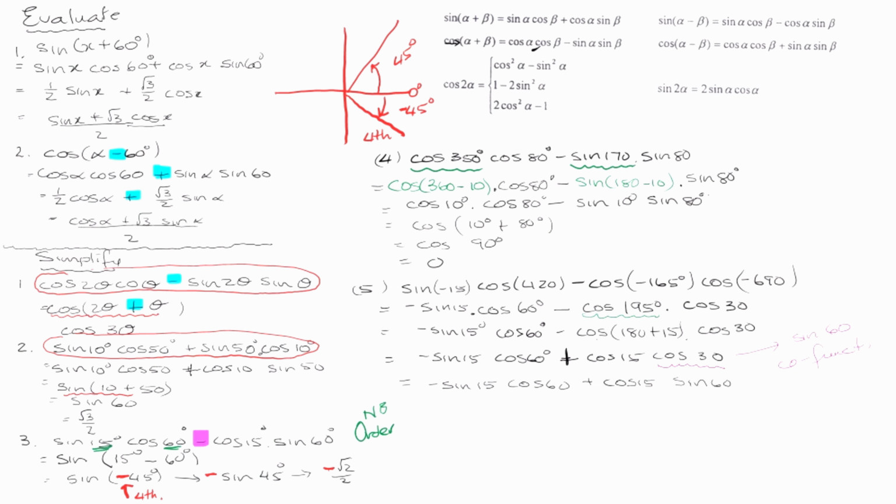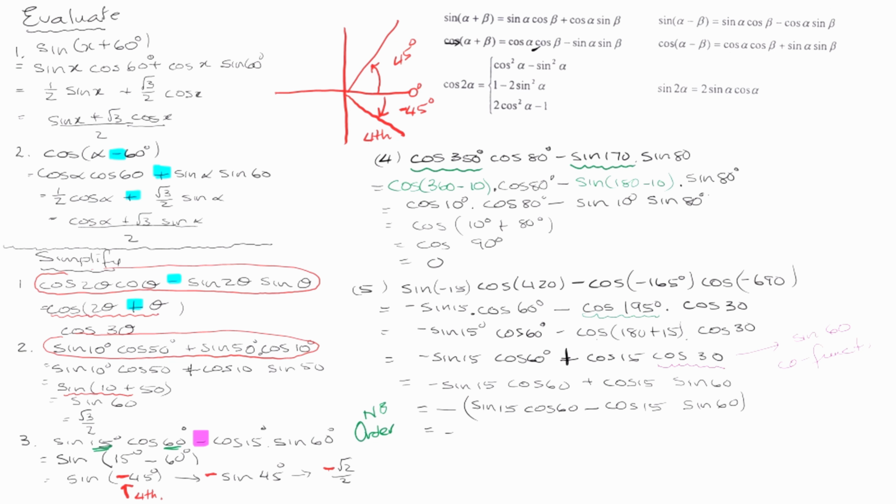Then here again, there's a couple of ways of doing it. I'm just going to take out a negative sign to get the perfect sine pattern. So take out a negative, you're left with sine 15 cos 60, change that to a negative because you're taking out a common negative, and that will then be cos 15 sine 60, which is negative.